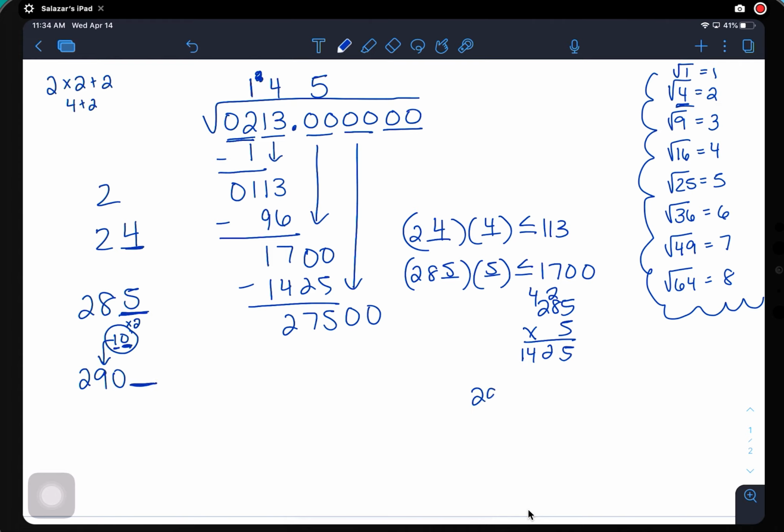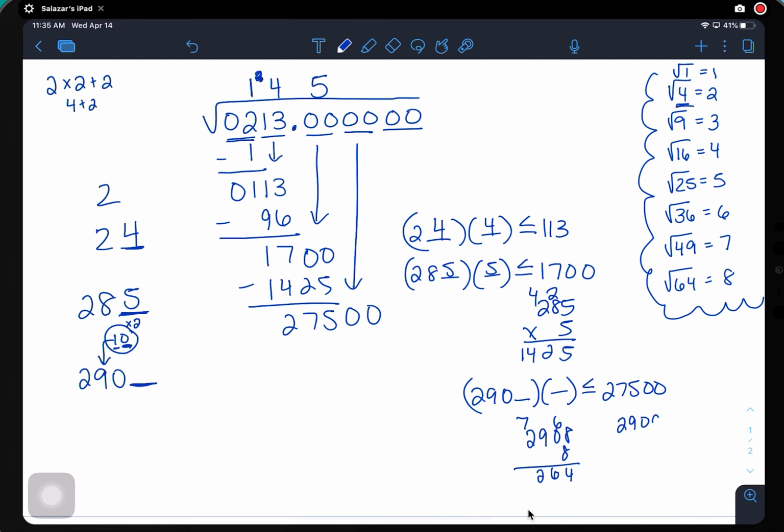So 290 blank times that same number, so you can kind of think of that as x because they're going to be the same thing, has got to be less than or equal to 27,500. So let's see, 2,000 going to 2,700, that's going to be a big number. So I'm going to try 8 first. 8 times 8 is 64, 8 times 9 is 72, that's not going to be enough.